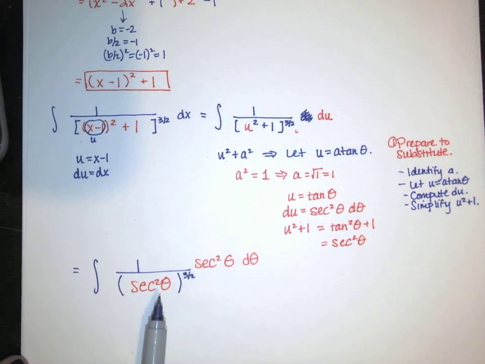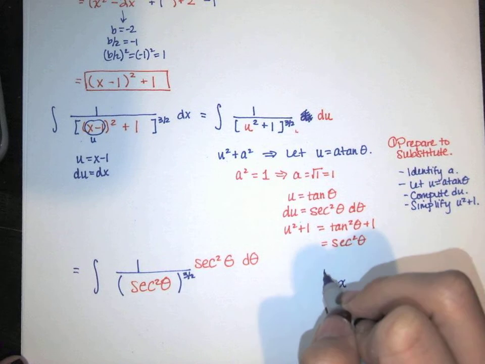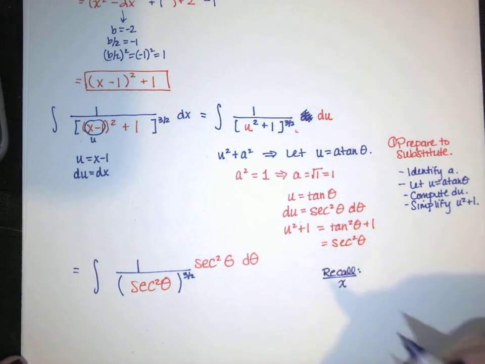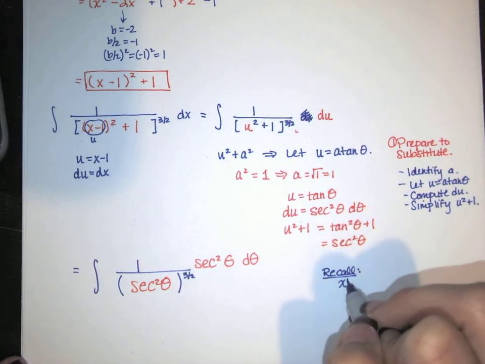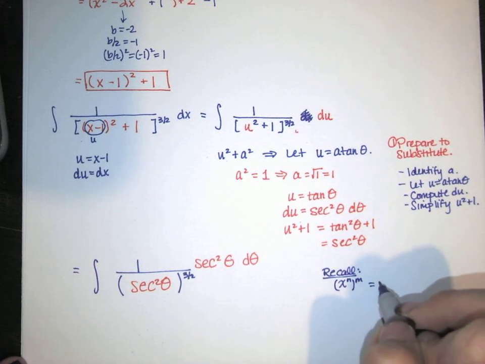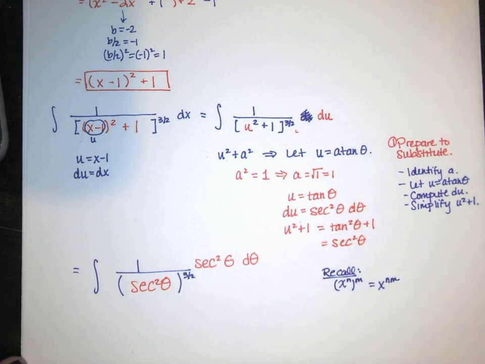But now we're going to simplify. Now, in order to simplify this, we have to remember a little bit of algebra. Keep coming back to these exponent properties. They come up again and again. Remember, if you've got x to a power raised to a power, you want to multiply those exponents. So secant squared to the 3/2 is secant to the 2 times 3/2, or secant cubed. The 2 and that 2 are going to reduce.